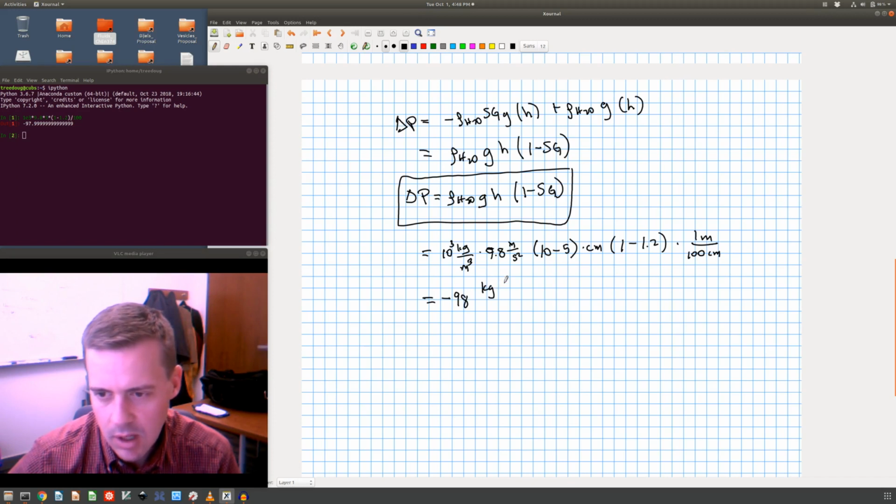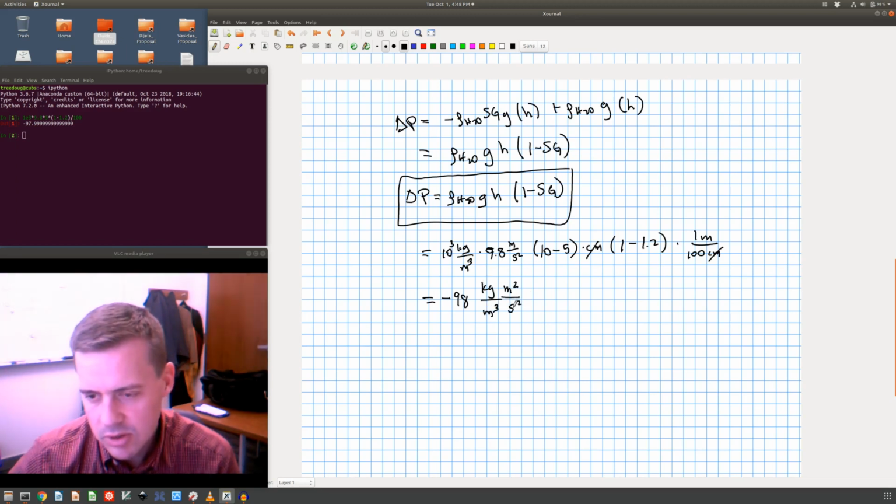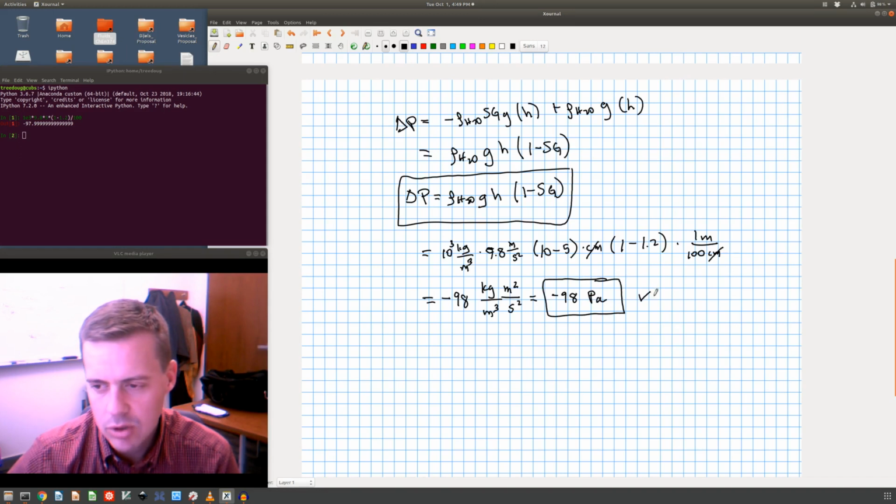Centimeters cancel. And I'm going to have kilograms, meters squared per second squared divided by meters cubed. I know that a kilogram meter per second squared per meter squared is equal to Pascal. So this is pascals, minus 98 pascals. And so that is my pressure drop.